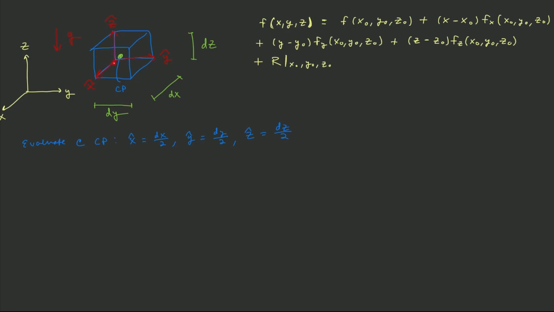So x hat goes positive here, y hat goes positive here, and z hat goes positive here. This center point CP is just dx over 2, dy over 2, dz over 2, just like that.